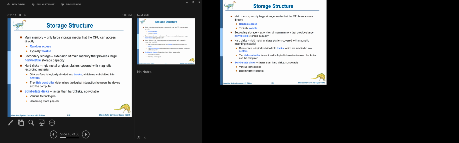Sometimes you'll get a disk drive and they'll talk about its capacity in gigabytes, but they're using gigabytes as 1,000 rather than 1,024.